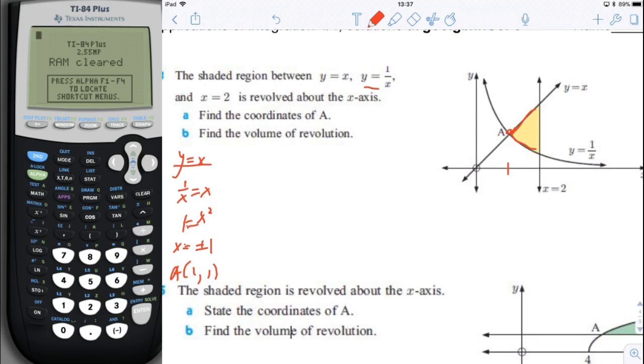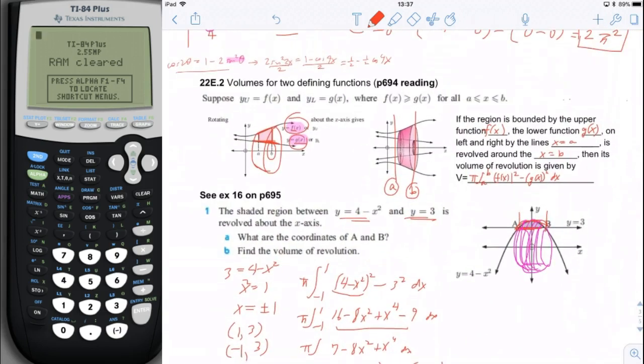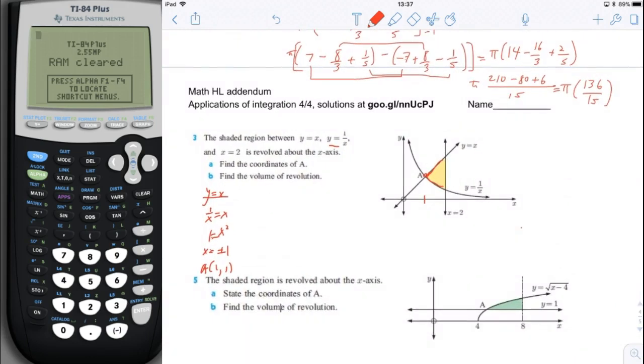Find the volume of revolution. So in this case, we are going to use the formula, which we just learned in the previous page. It would be this formula here. So we're going to take the second function squared minus the first function squared, the second function being the one that is farther away from the x-axis. So first we'll take this function here, and I will put pi in front, right?